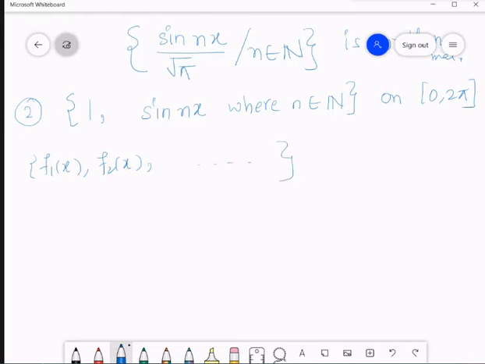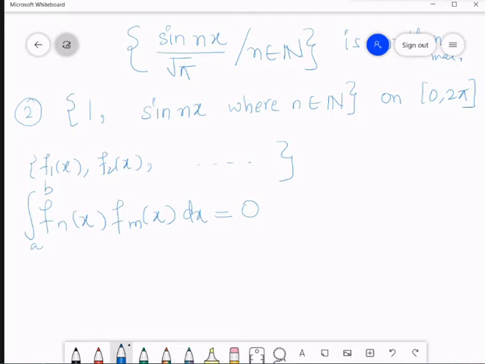For this particular set, I'll take two general elements, fnx and fmx, and integrate over the given interval a to b dx.